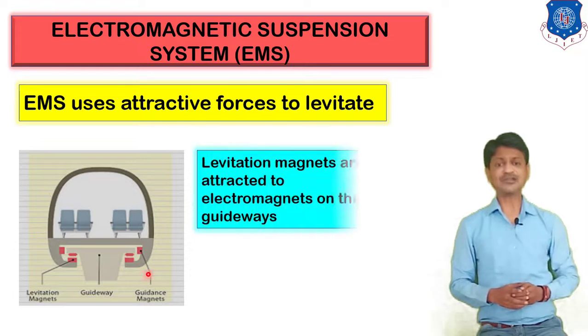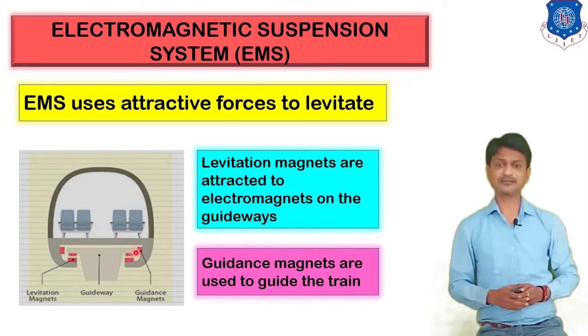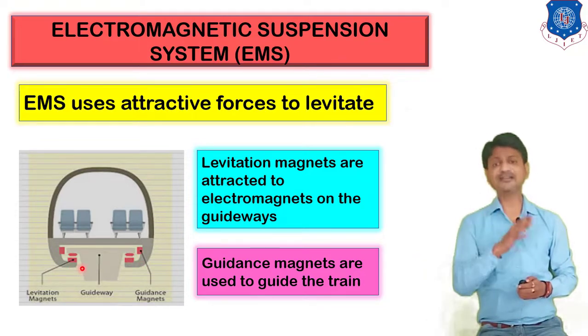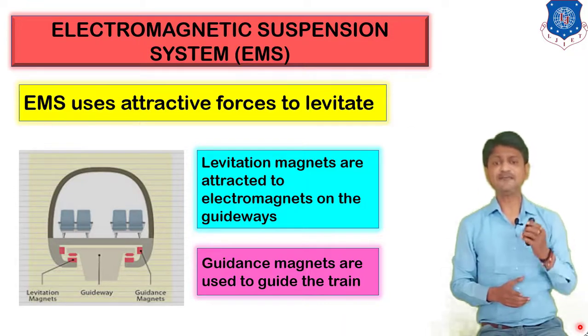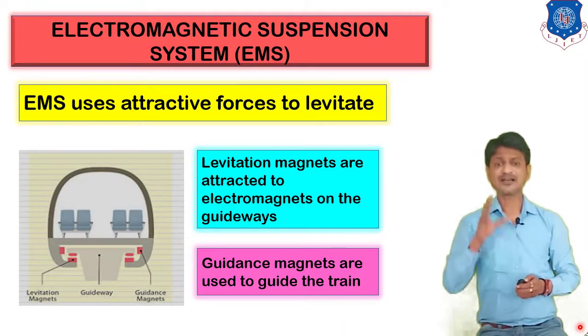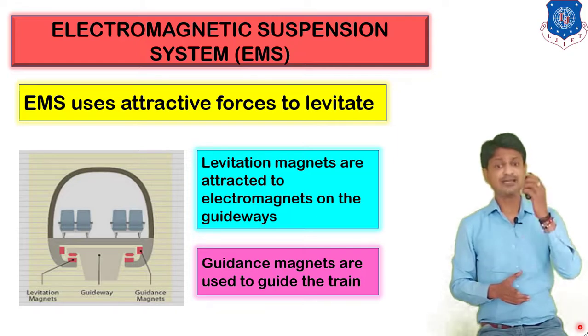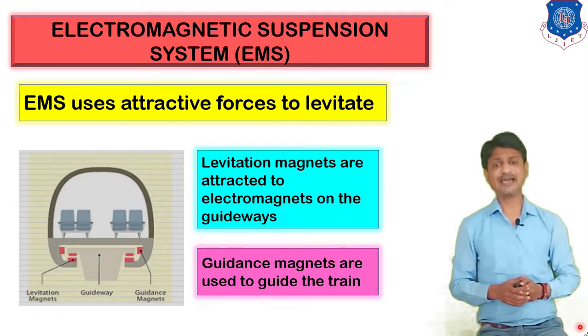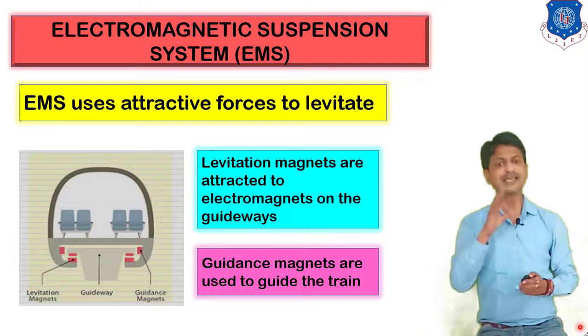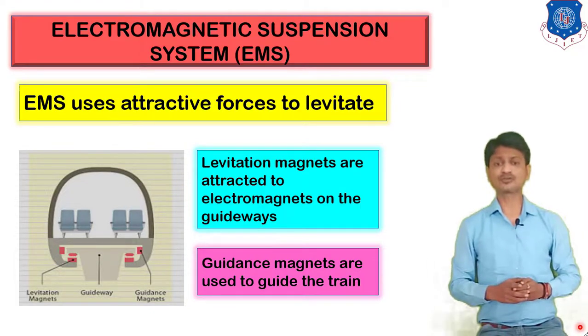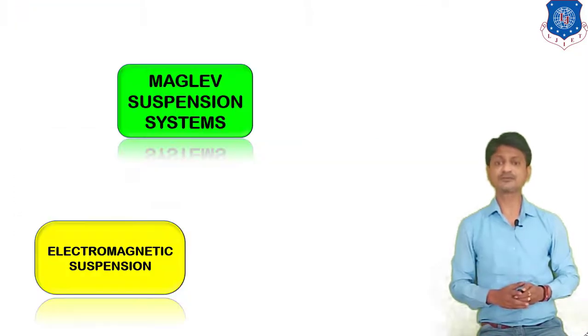Guidance magnets are used to guide the train. So we can say that here attractive forces are used. If levitation magnets have north pole, then the electromagnets on guide wheels have south pole. So by connecting opposite magnets, we can achieve the attractive force, and this force overcomes the gravitational force.